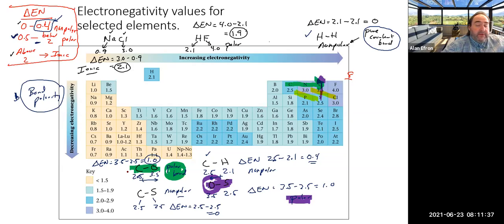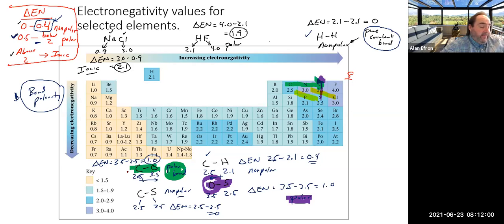Usually you take the larger number minus the smaller number, so you get a positive number. If you do this subtraction between the two elements within a bond and you get a value somewhere between 0 and 0.4, that is considered a nonpolar bond. It's considered equal sharing of those electrons.